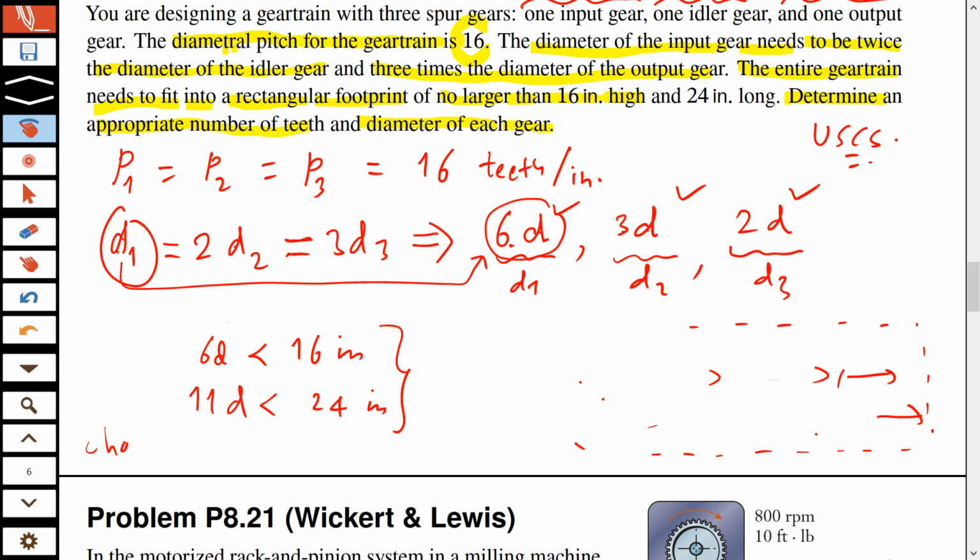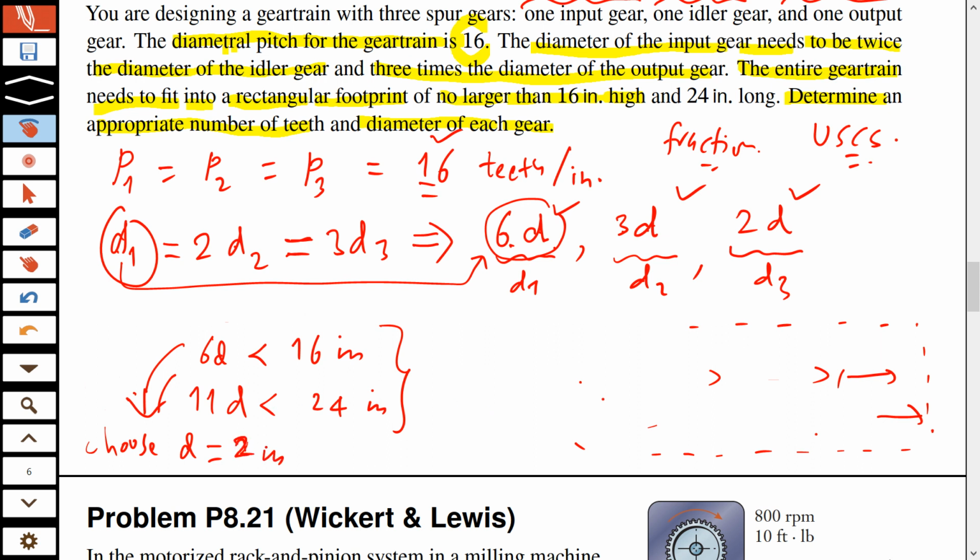If I choose D, I can choose all the 3 diameters because that D is appearing in every expression. So let me choose D such that both these conditions are respected. Can you suggest a value? We need to go for a simple value because that will be translated to the number of teeth as well. So don't go for fractions, okay? Fractions may complicate things. So how about a value of 2 inch?